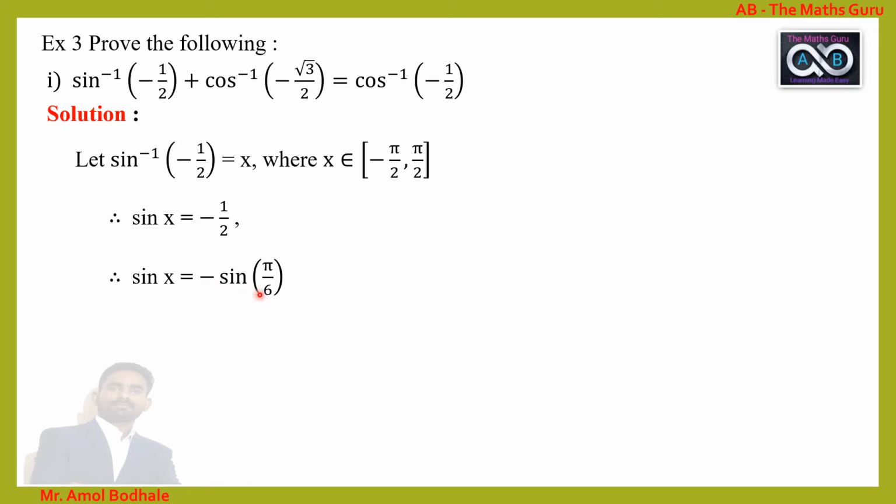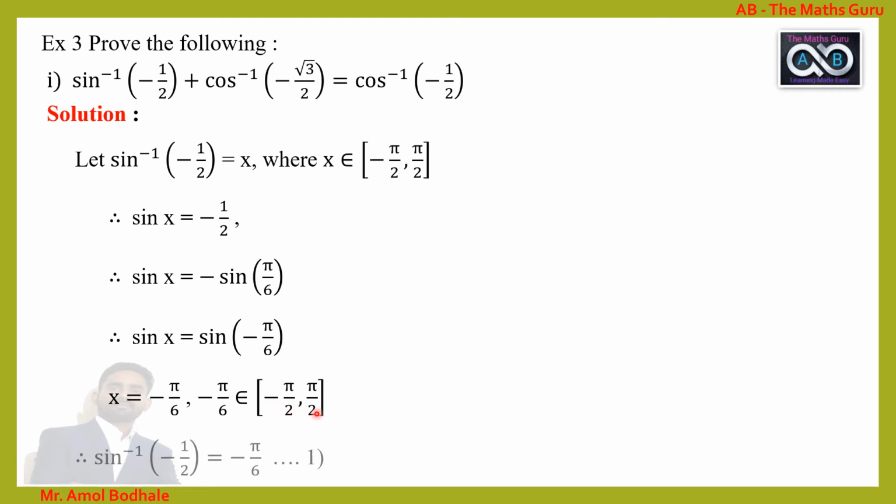Minus sin of x can be written as sin of minus x. So here minus sin of pi by 6 can be written as sin of minus pi by 6. So x equal to minus pi by 6, where minus pi by 6 belongs to the range, which is the closed interval minus pi by 2 comma pi by 2. So therefore sin inverse of minus 1 by 2 equal to minus pi by 6.